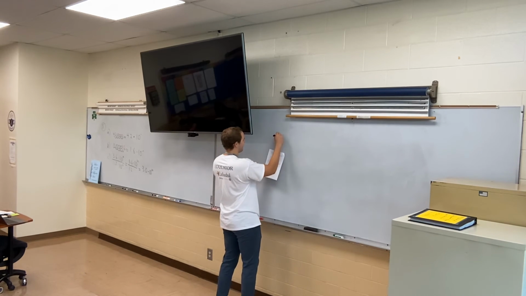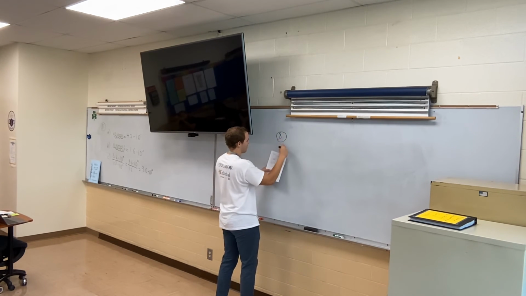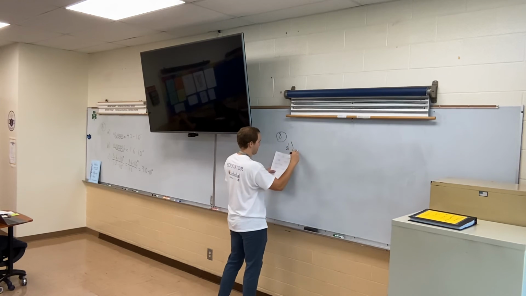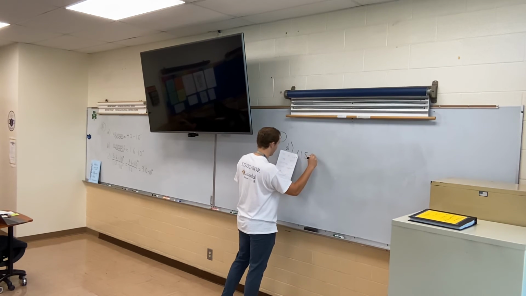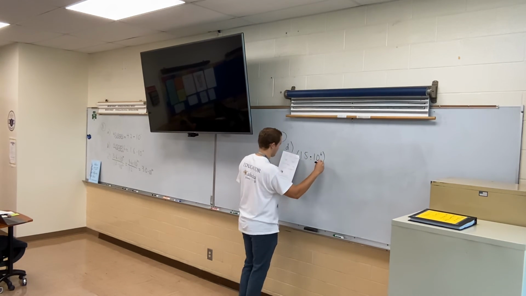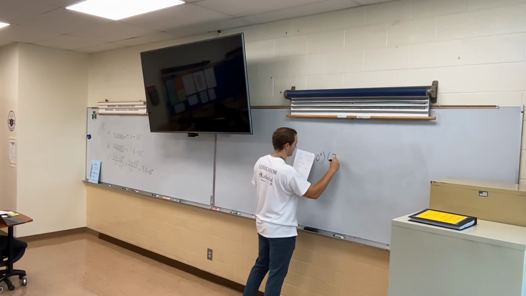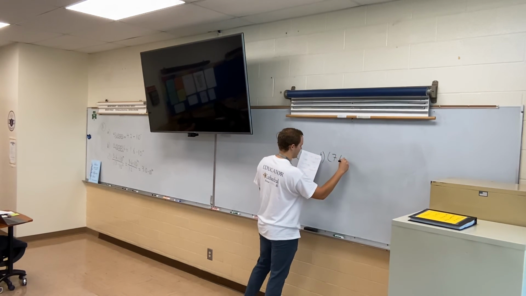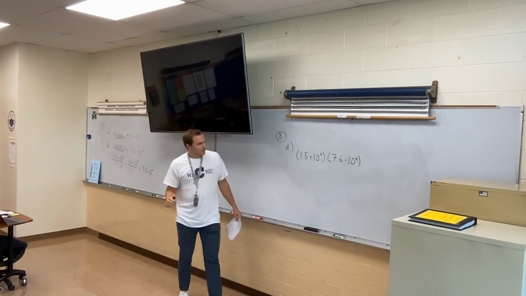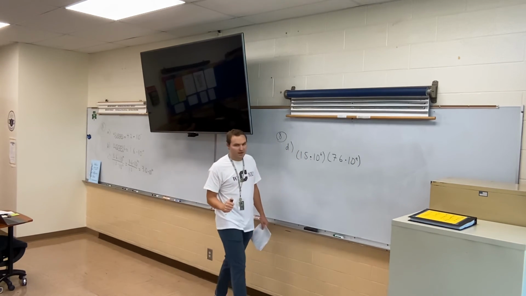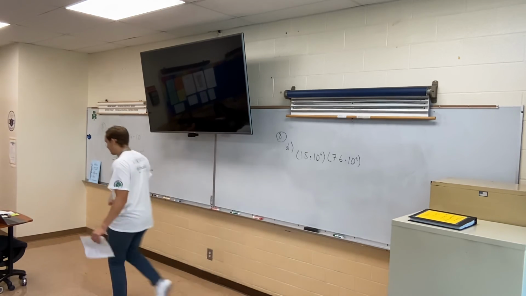All right, 8D. We got 1.5 times 10 to the 6th times 7.6 times 10 to the 9. Okay? Someone help me out. Grab my calculator actually.